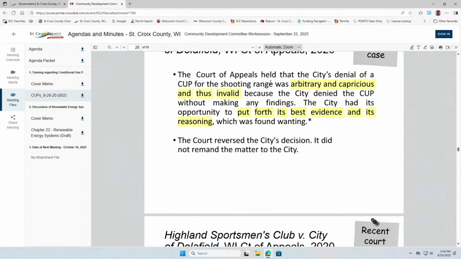When we do that findings of fact, conclusions of law document at the end of the hearing, that is something they didn't have. And so that is really our tool. I know it seems like it's duplicating our staff report all the time, but that is the legal grounds we have for the application.